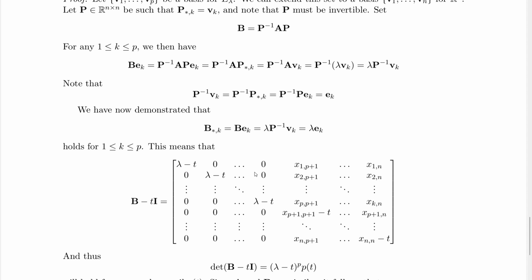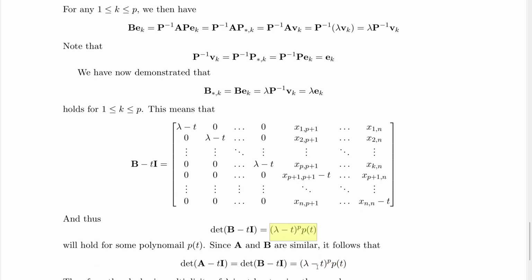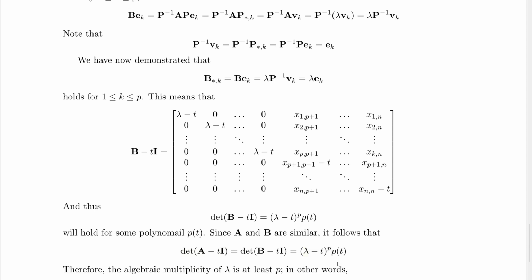So then we have that the determinant of B minus TI is equal to that. But that means, since A and B are similar, they have the same characteristic polynomial, which means the characteristic polynomial of A minus TI is lambda minus T to the P times that, which means that the geometric multiplicity of lambda is at least P.